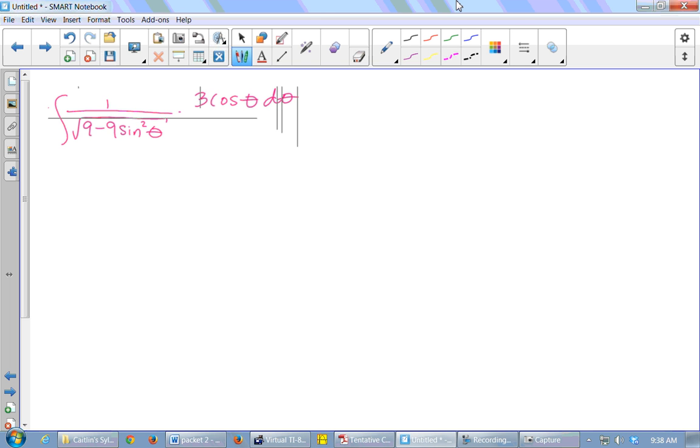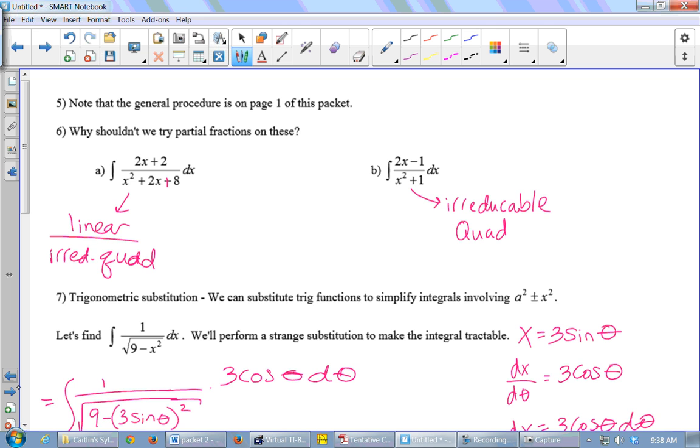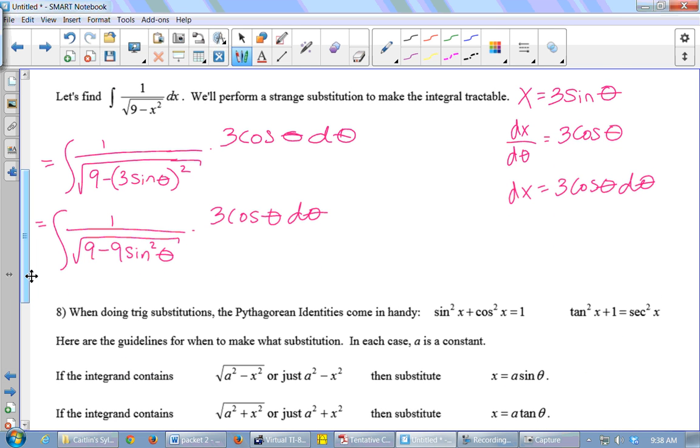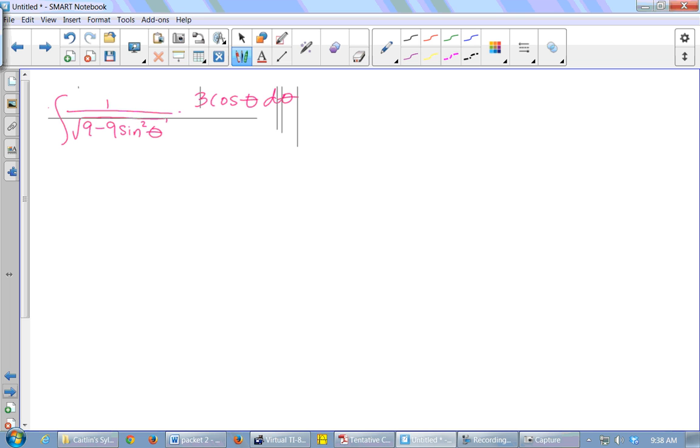Okay, so I have 9 minus 9 sine squared. Jumps out at you a little bit that there's a 9 in both places. That's why I chose the 3, right? That's why I chose x would be 3 sine theta, so that when I squared the 3, I'd get a 9, and I'd have two 9s here. That allows me to kind of factor out a 9, right?